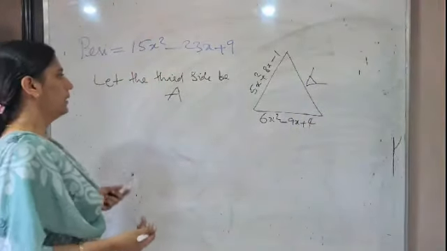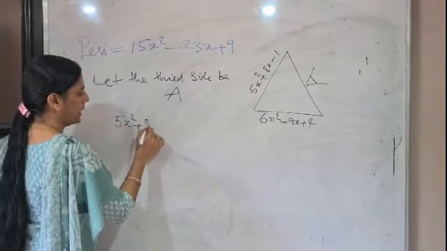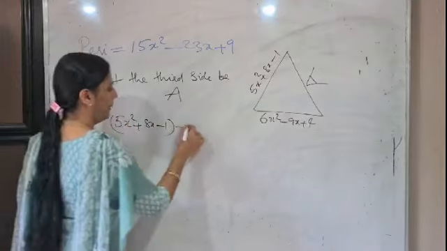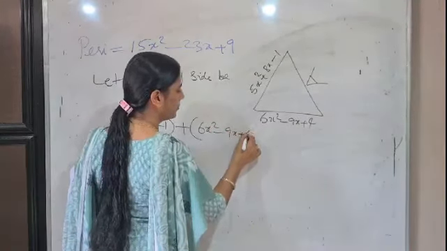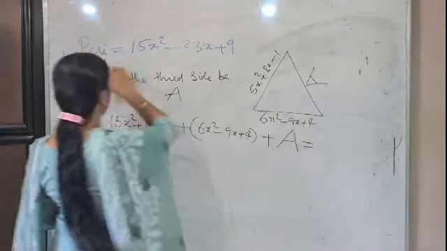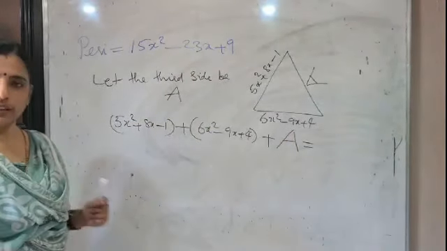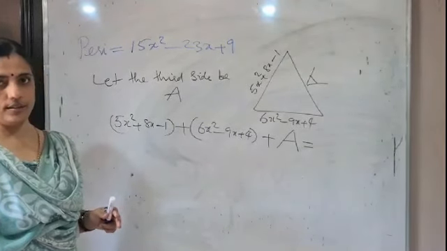Okay, now we know that 5x square plus 8x minus 1 plus the next one 6x square minus 9x plus 4 plus our A will be this perimeter. Perimeter of a triangle is the sum of all the 3 sides.